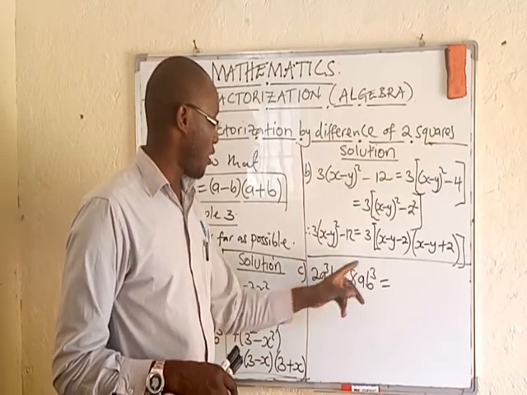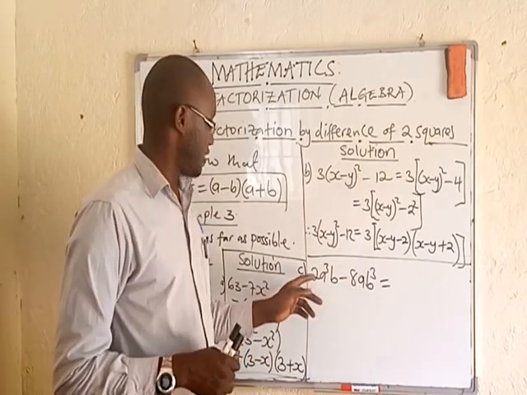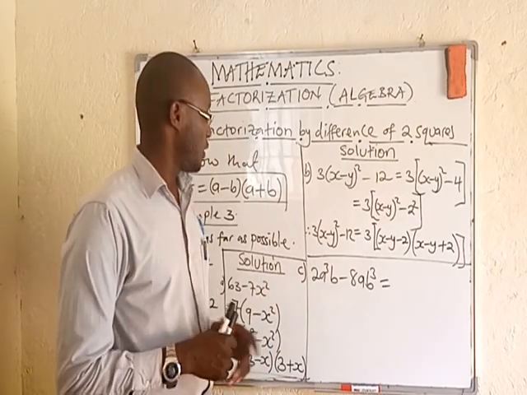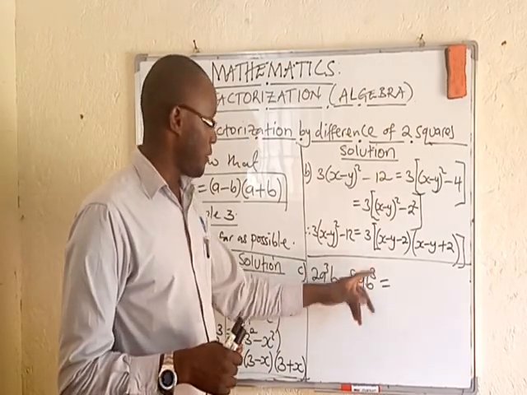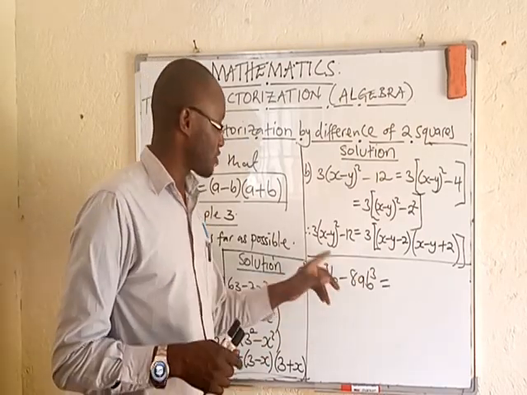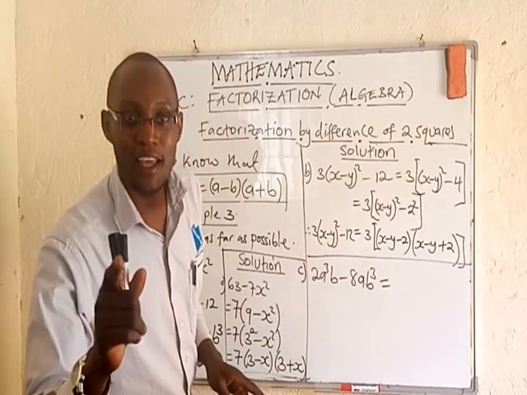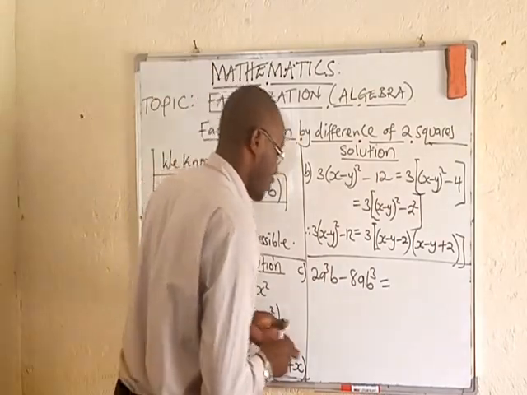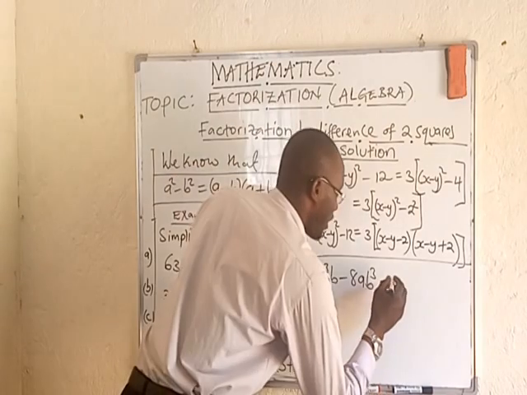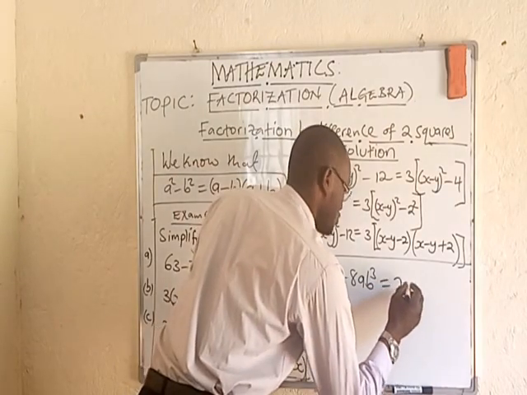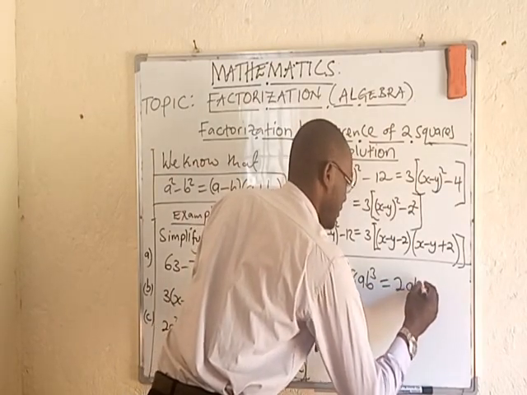So a power 1 is the factor. So now we have 2a. Good. Then I'm seeing b power 1, b power 3, which means the one with the smaller power is a factor, and that is b power 1. So from that kind of arrangement, we have now got a common factor as 2ab brackets.